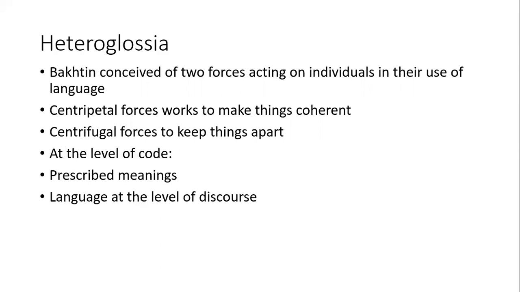If you're using a word, it has a certain prescribed meaning, which is not in a specific context and not related to the discourse. Prescribed meaning is the dictionary meaning of a word, and discourse meaning can be completely different or the same as well. So this also brings variation in an individual's language.